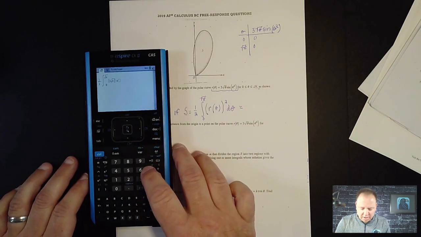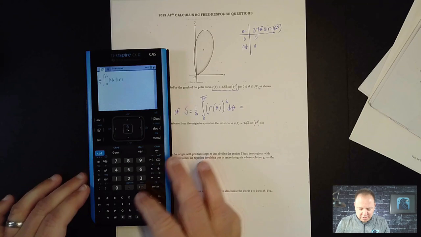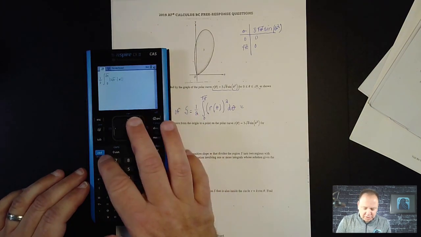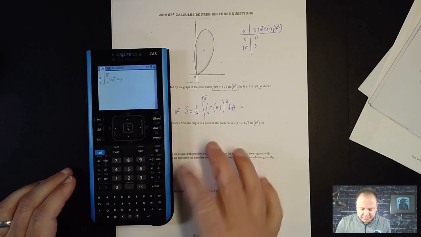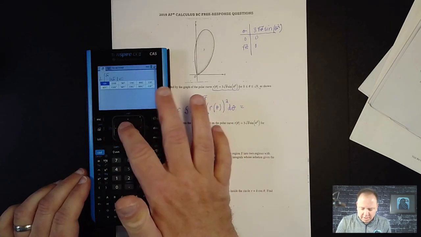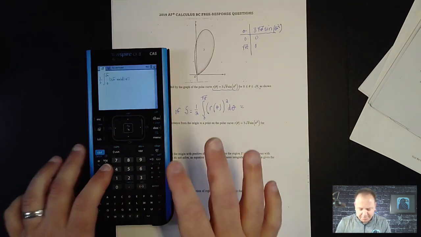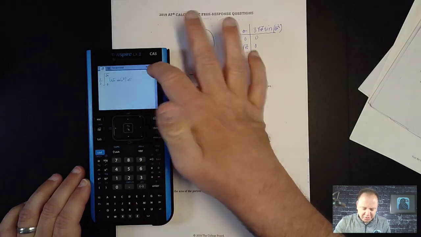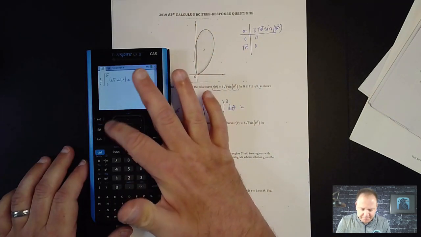Sometimes on the Inspire, it doesn't recognize 2 functions being multiplied if you don't put the multiply between them. So let me back that up. So times sine of x squared. Always make sure you're in rads. I forgot to square that x.